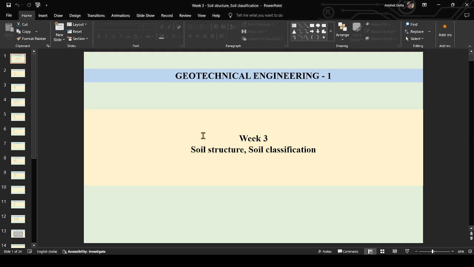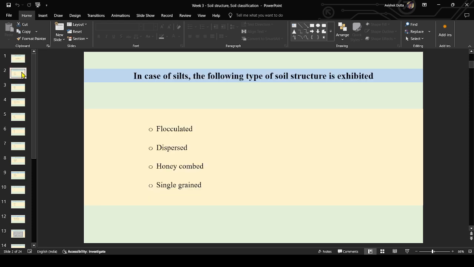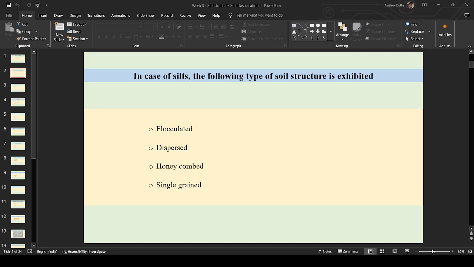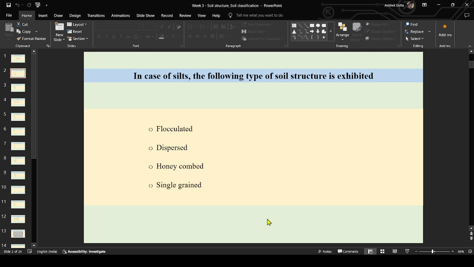So the first question is, in case of silts, the following type of soil structure is exhibited.